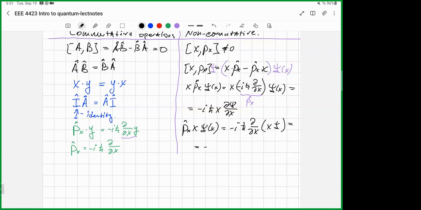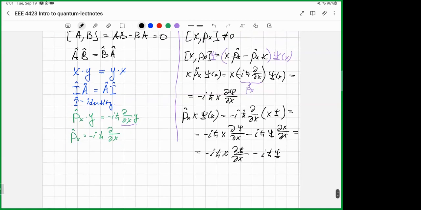Applying the chain rule, it's going to be minus i h bar x d psi over dx minus i h bar psi dx over dx. dx over dx is 1, so I get minus i h bar x d psi over dx minus i h bar psi.